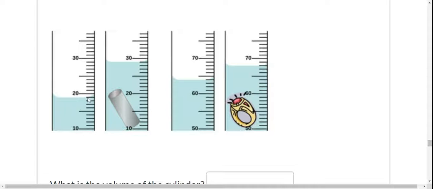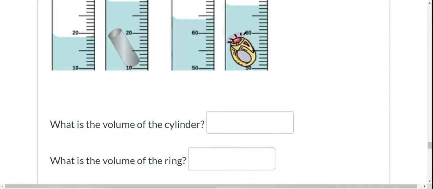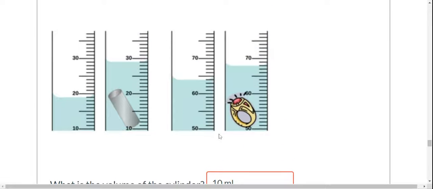So if we start with, so this is 10, 11, 12, 13, 14, 15, 16, 17, 18. Start with 19 milliliters. We add in our little cylinder, our little metal rod, and we go all the way up to 21, 22, 23, 24, 25, 26, 27, 28, 29. So the difference between 19 and 29, if you take 29 minus 19, we get 10 milliliters.